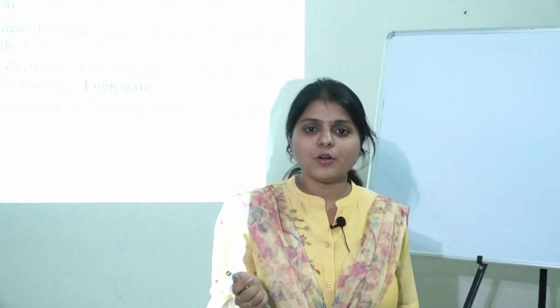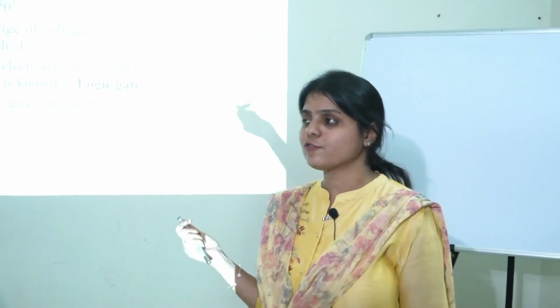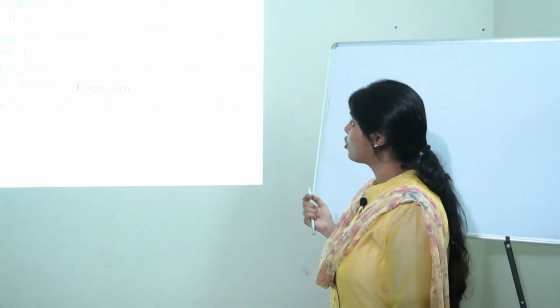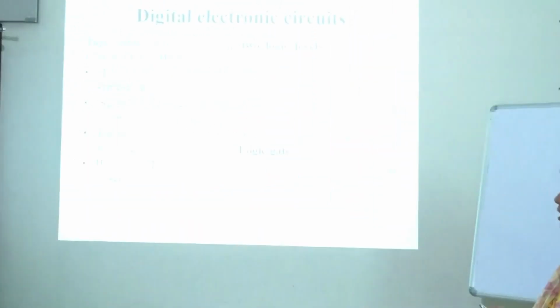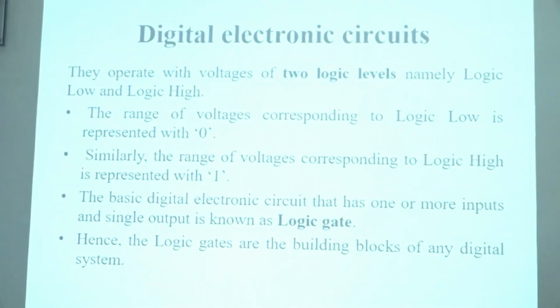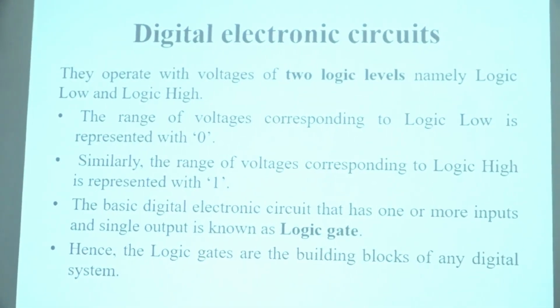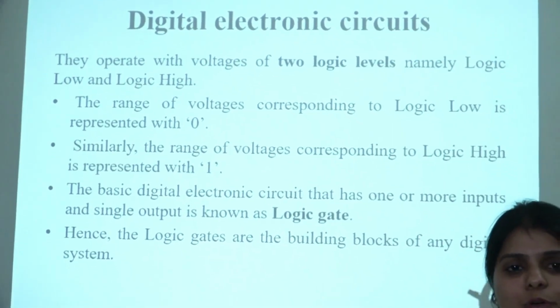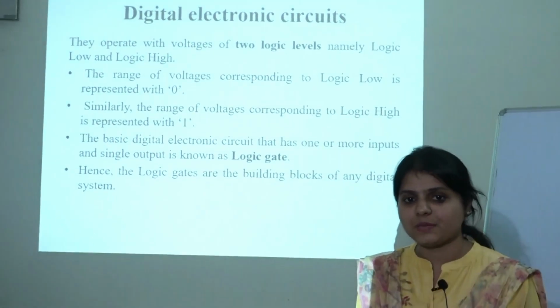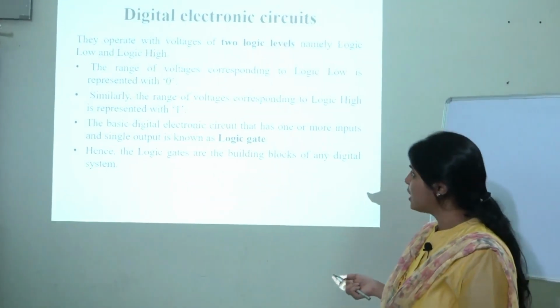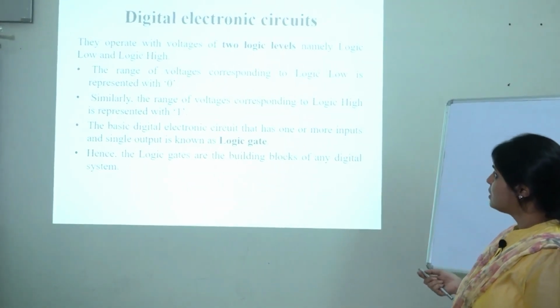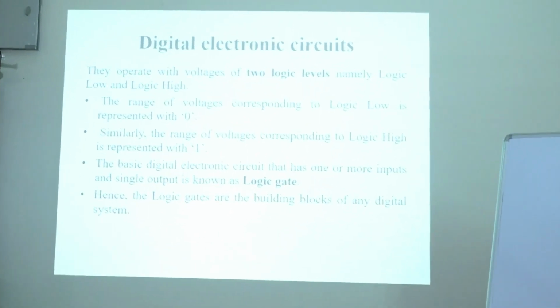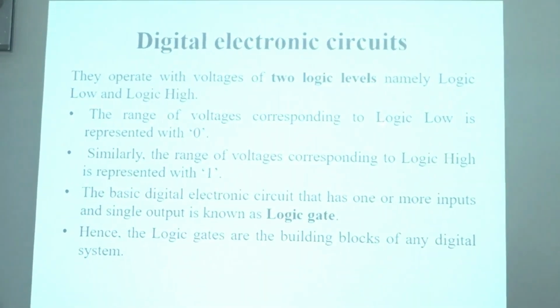When we talk about binary signals, we also have to look into what a digital electronic circuit is all about. The basic digital electronic circuit has some inputs and outputs. The input and output, both of them again will be in binary representation. Digital electronic circuits operate with voltages of two logic levels.